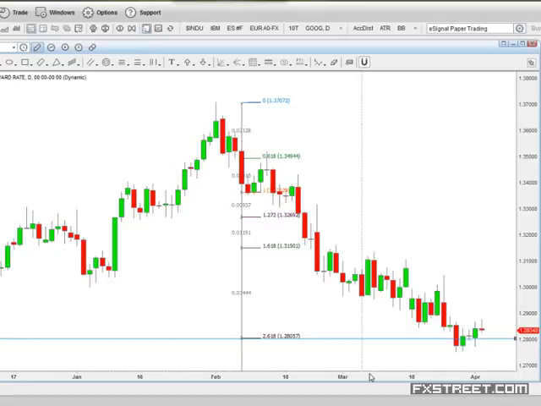Okay, it spiked through, we've got an inside bar, then moves to the upside. It did actually break the high of the trigger candle and then move down again. So the bias here for me is to the upside, but I'm expecting trading to be choppy.